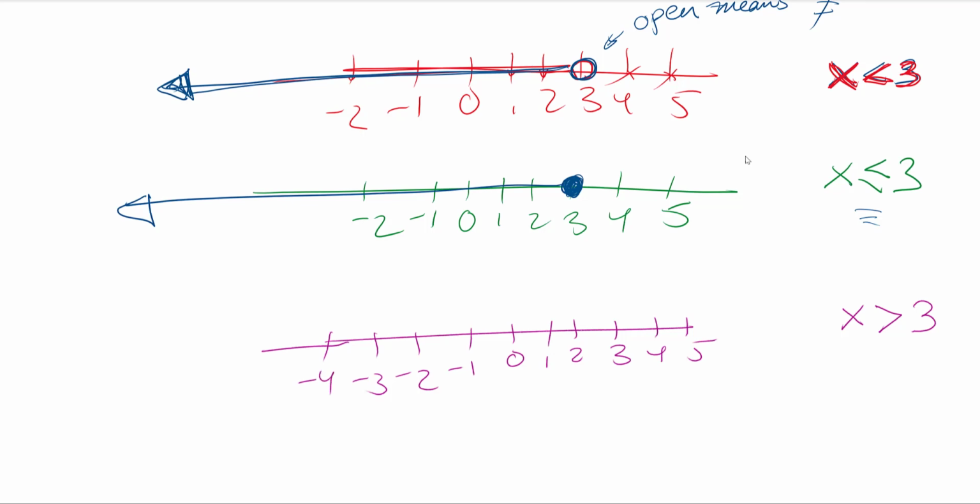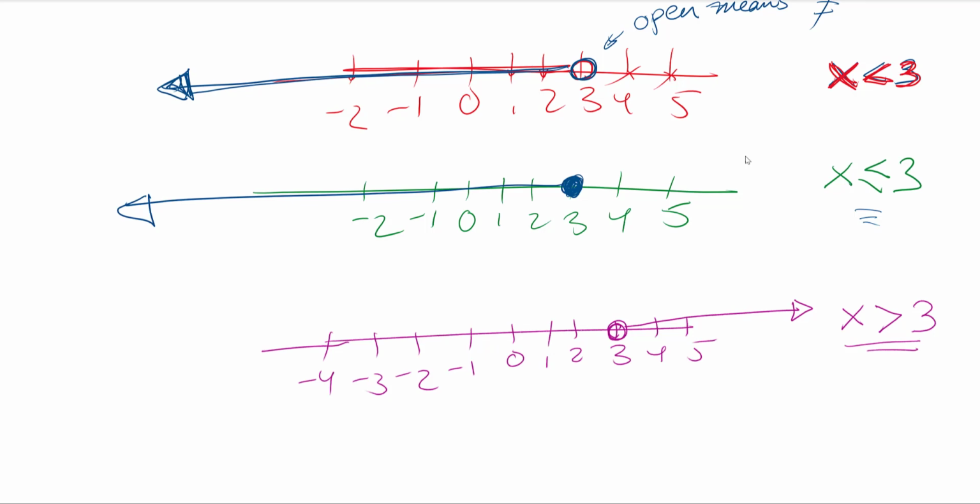Okay, so again, because we're looking at a larger than but not equal, we find 3 and we draw an open circle because again, it's not equal to 3. Now we're looking at all the x's that are larger than 3, so we have to go up in the number line, and so we show this with an arrow pointing all the way up to the largest numbers, to positive infinity.